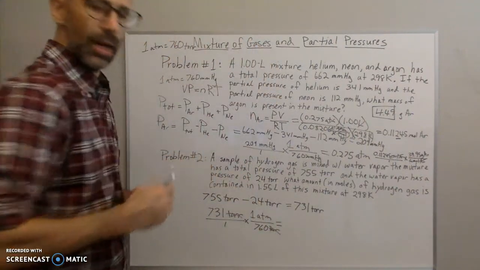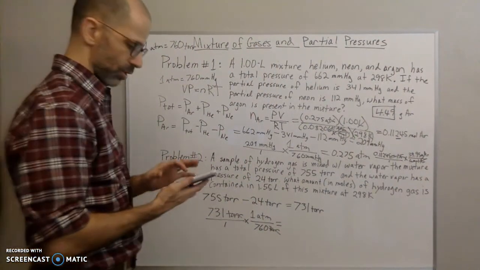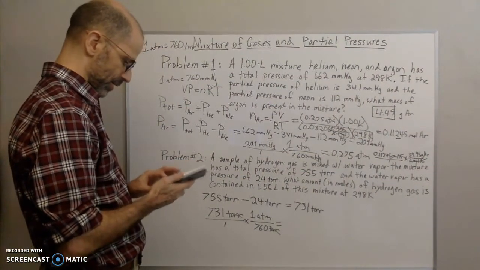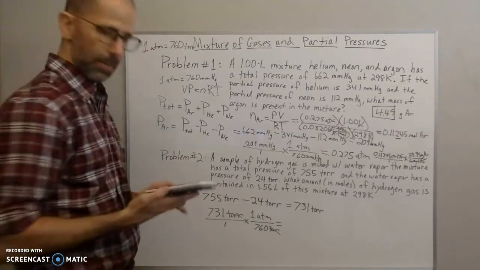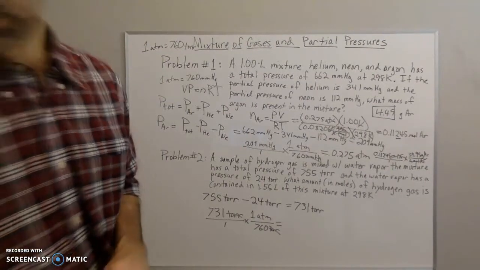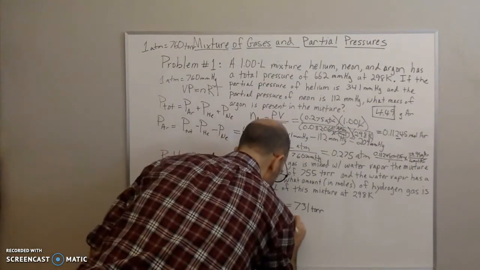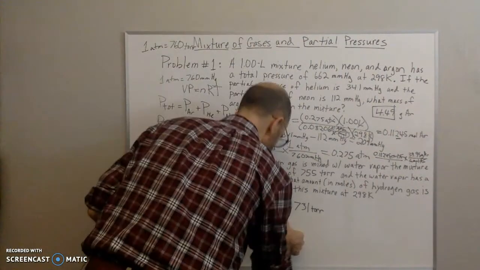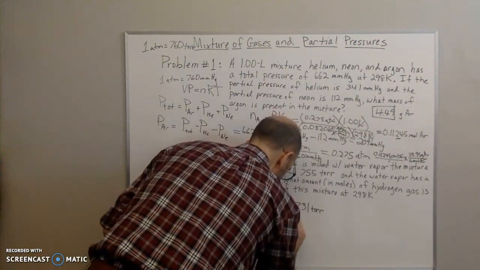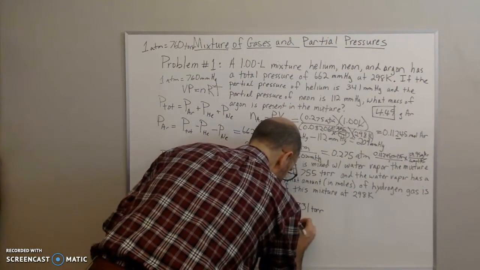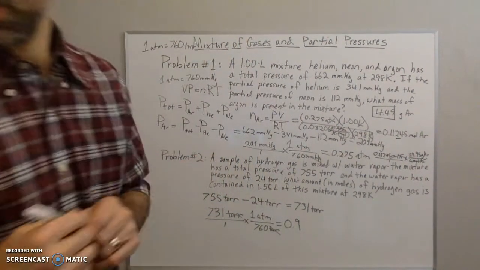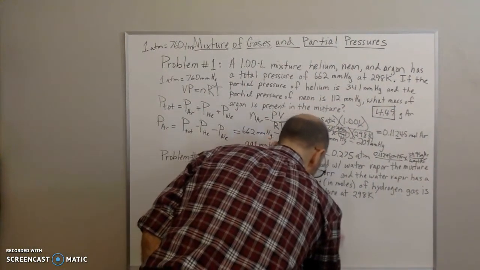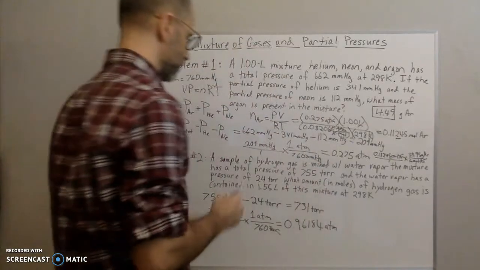Okay. And so now I can calculate the number of atmospheres. So 731 divided by 760 equals, and I get 0.96184 atmospheres.